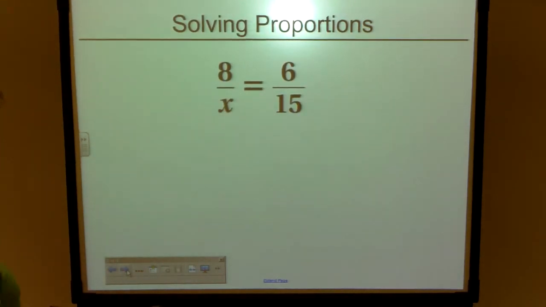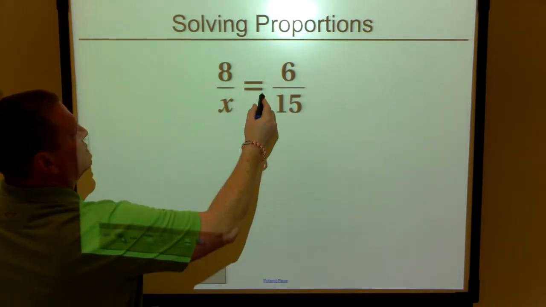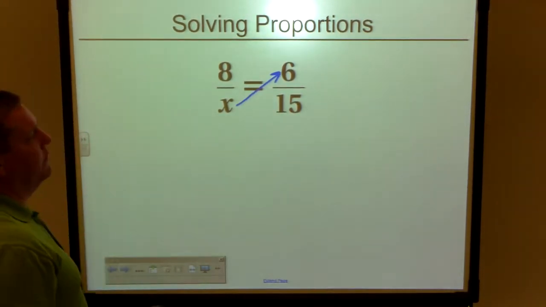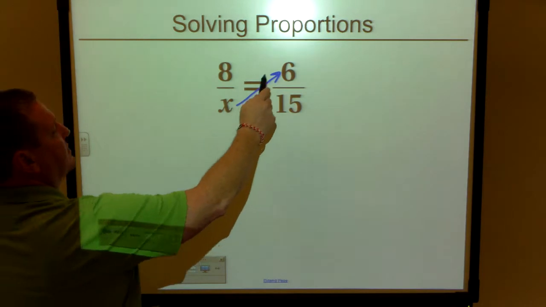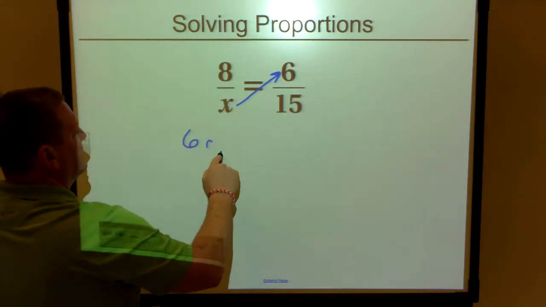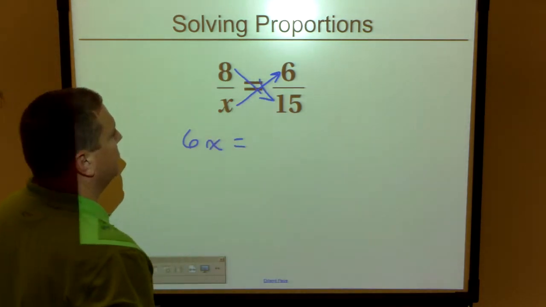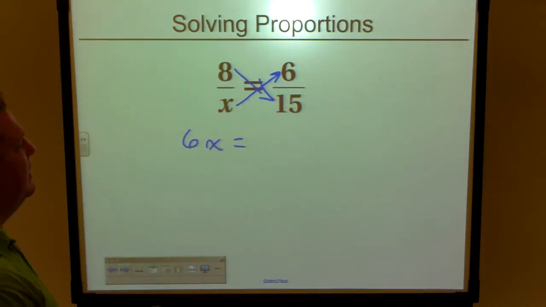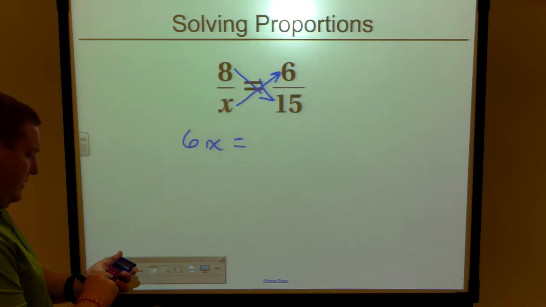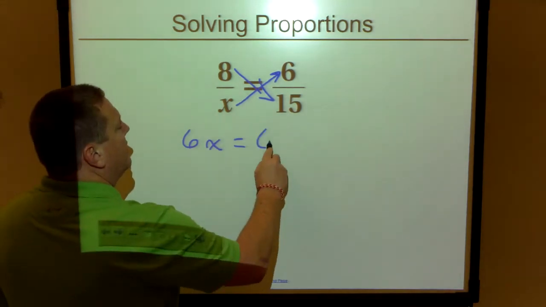Here's an example. I like to multiply the variable first, but you don't have to. x times 6 gives you 6x. And then come down and cross multiply here. 8 times 15, and make sure you use a calculator, is 120.